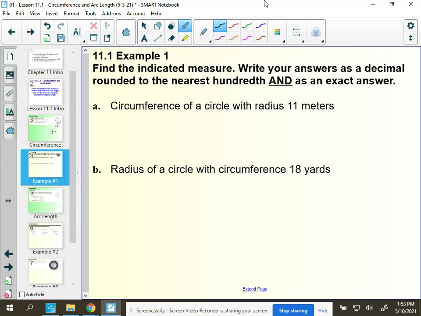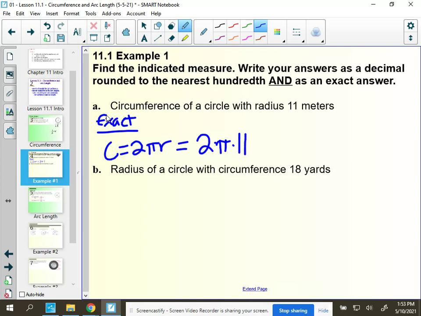So let's start with the exact answer, because we're going to use the exact to help us find the rounded. I'm going to use my formula, circumference equals 2 pi r. That's just our generic formula. If I substitute in what I know, the 2 is a constant, the pi is a constant. The only thing we really need to use this formula is the radius, which it flat out says is 11.